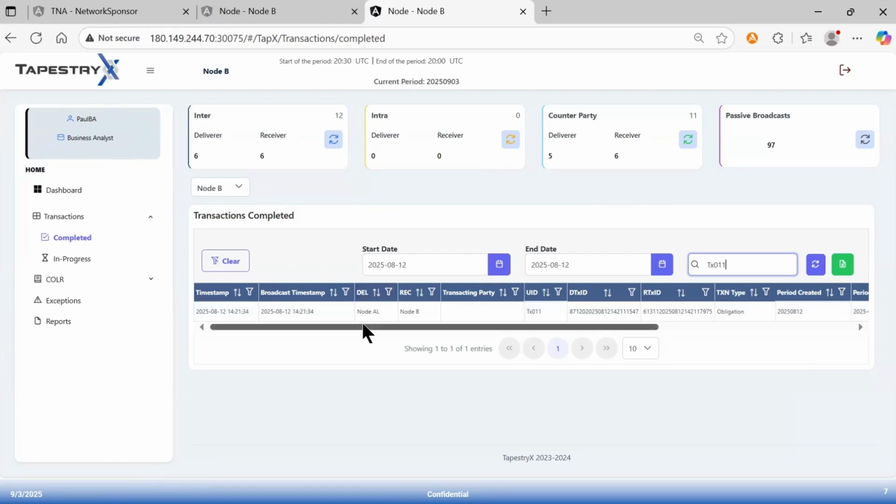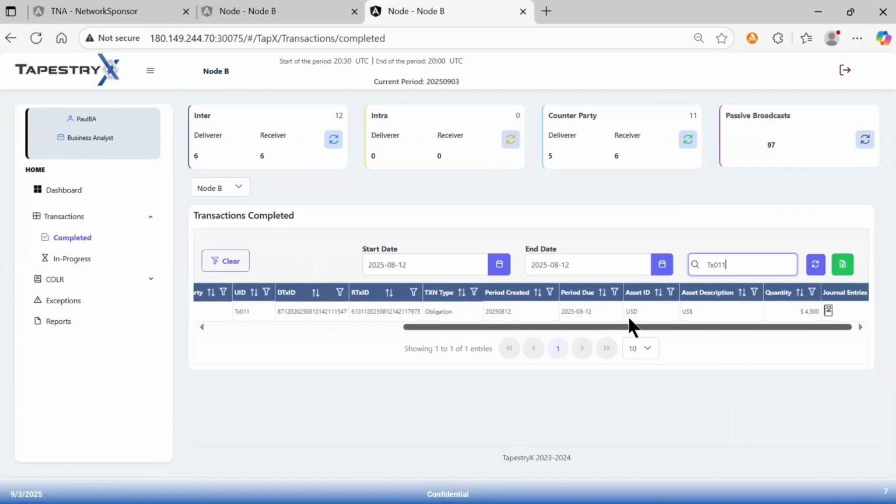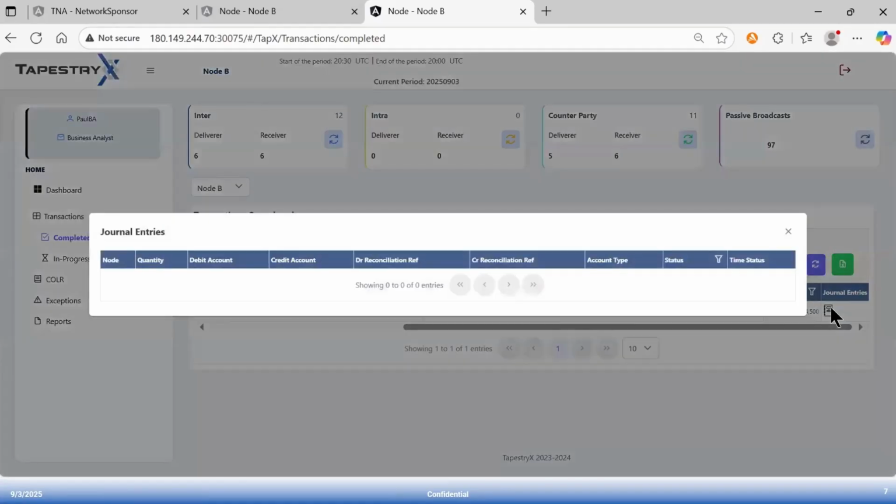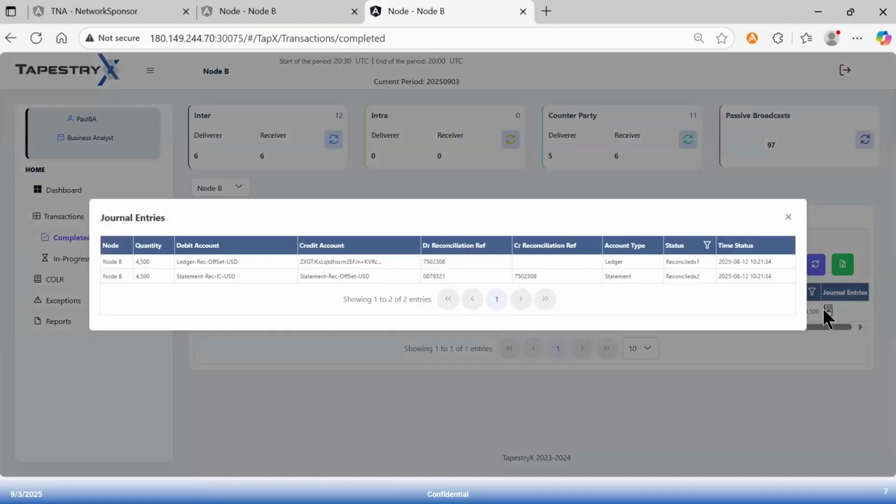They're seeing the transaction from node airlock to node B, and it's showing the obligation to receive the $4,500. And again, to see the journals that you saw, you could just click on them and you can see the journals, and you can see that it's an incoming receivable. This is a credit, so we've got all the data there that you need to see.